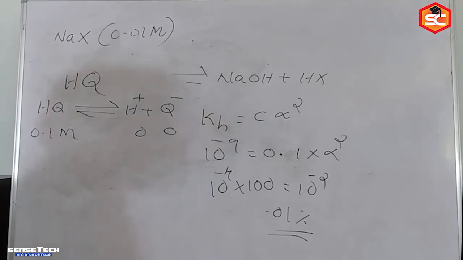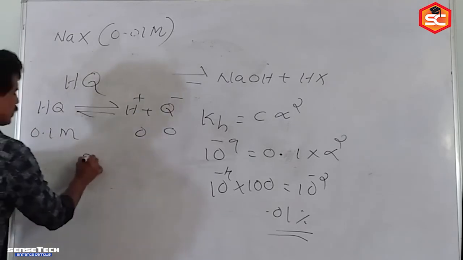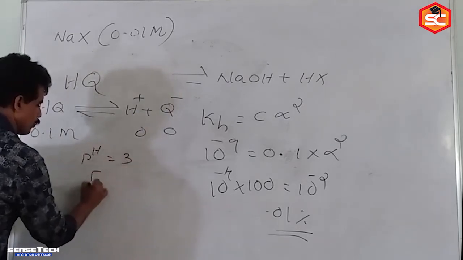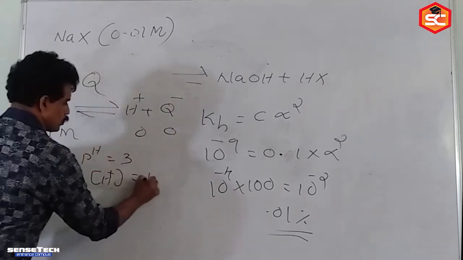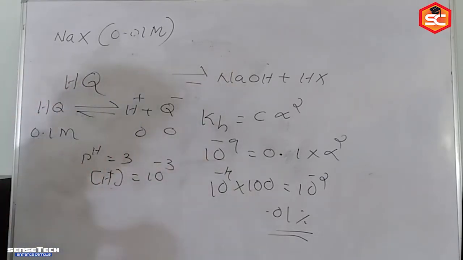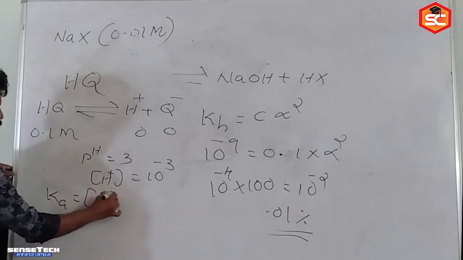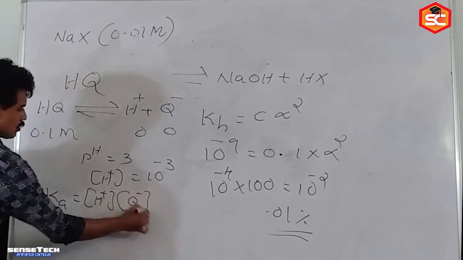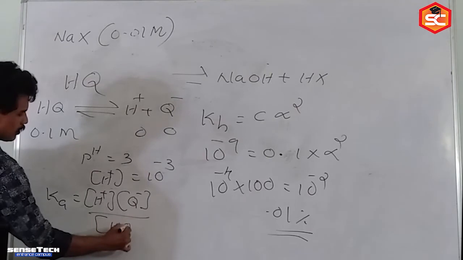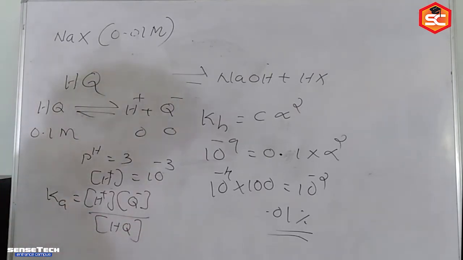So pH is equal to 3. So what is the H plus ion concentration? 10 to the power minus 3. So what is the equilibrium constant for the reaction? Ka is equal to H plus into Q minus by the concentration of HQ.